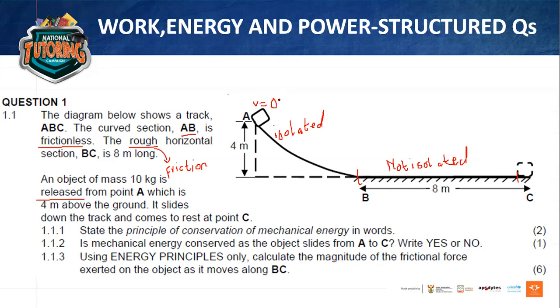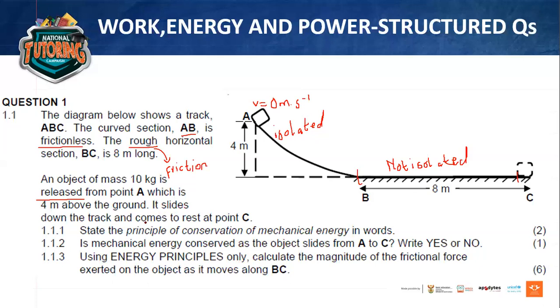Therefore, by being released there, it means it was at rest, and therefore at point A, the speed of the object is 0 meters per second. And it was 4 meters above the ground. We can see that.